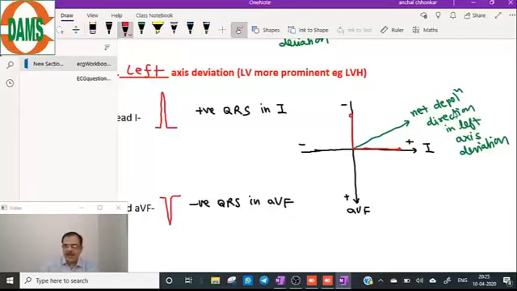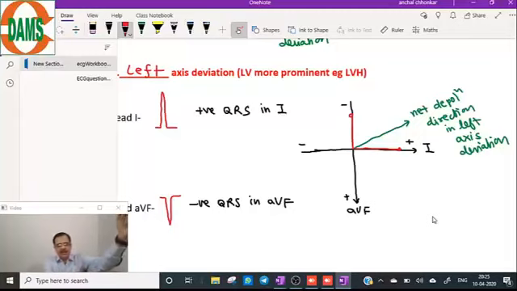Now the next axis deviation. So this is a case of net direction. Net direction is for left ventricular hypertrophy, lateral wall.